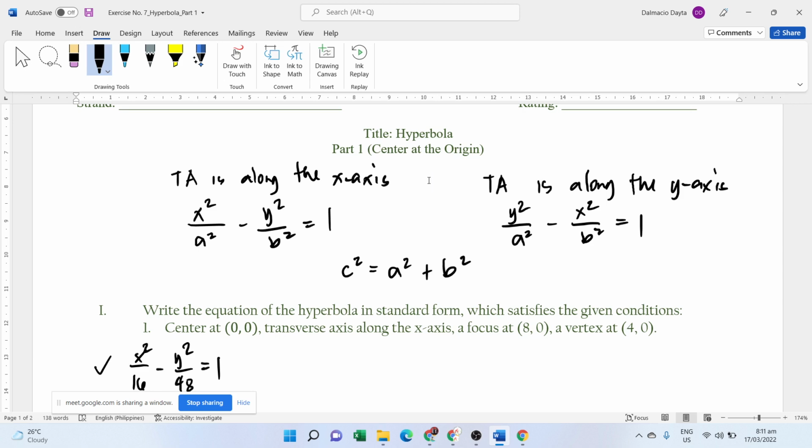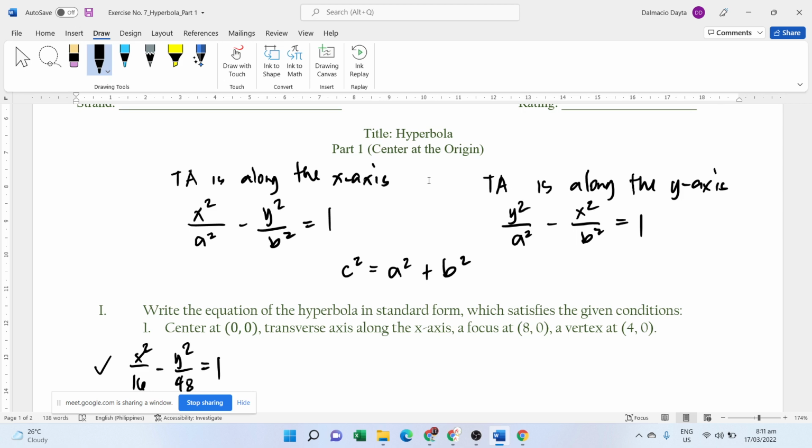In the ellipse, you identify which represents a squared and b squared by seeing which is the larger denominator; the larger denominator represents a squared. Now, in the hyperbola, whichever is the denominator of the positive term on the left-hand side of the equation, that is a squared.